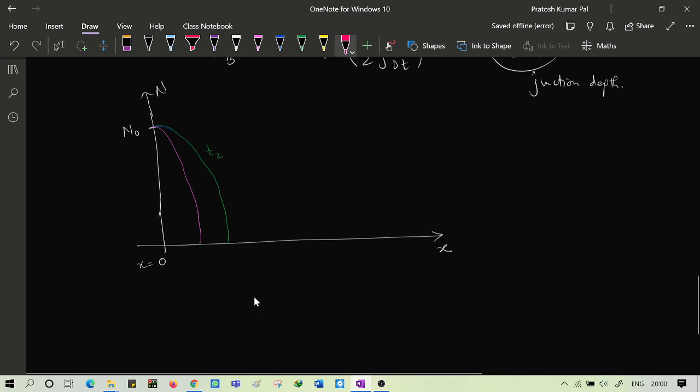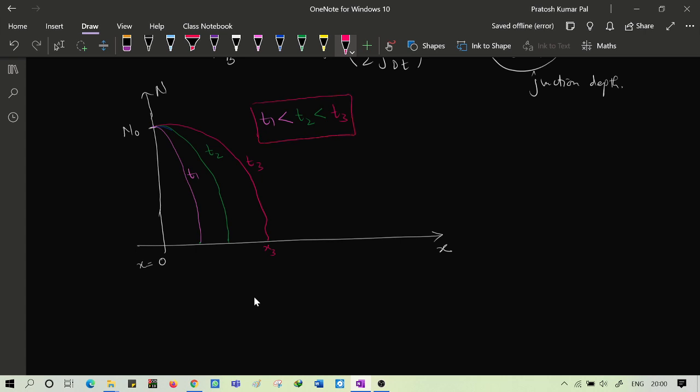If we take a further time period, the concentration will change like this. This is x3, and this is for t3. So t1 is less than t2, which is less than t3. Here t3 is the highest time.